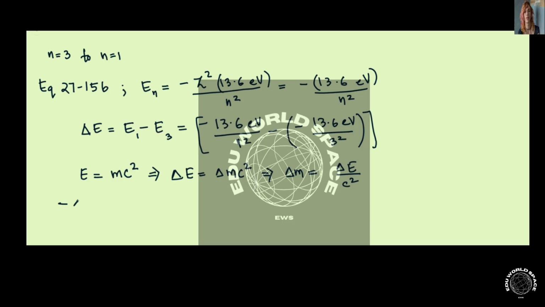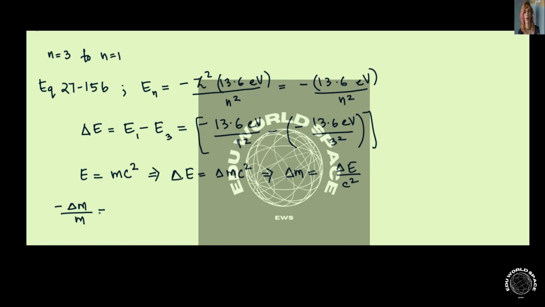So we need to find the fractional change, which is negative of delta m over m. So delta m is basically negative here, and since we have to find the amount, we are including the negative sign in delta m to make the whole thing positive.